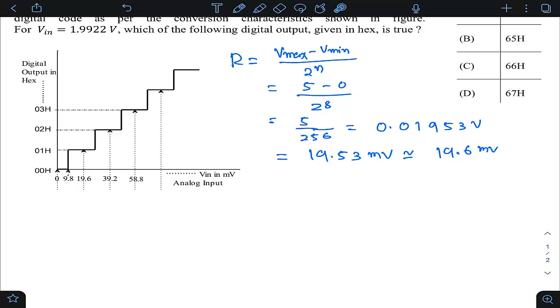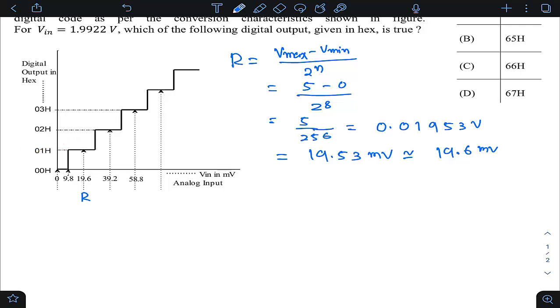If you observe this curve carefully, students, this is the point 19.6, this is the point 39.2, it is 58.8. This is with respect to resolution, because this is in millivolt units. So our resolution is 19.6. When the input is 19.6, the output is 0.1.